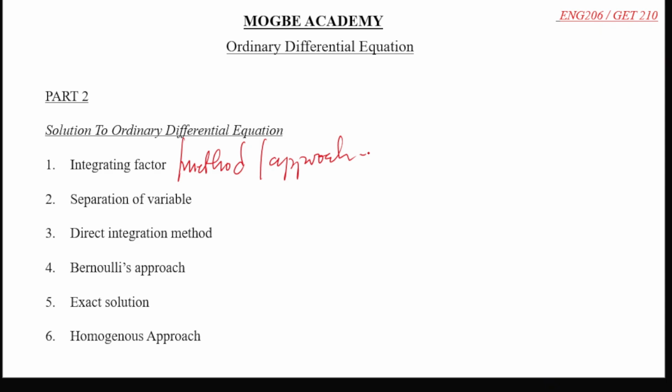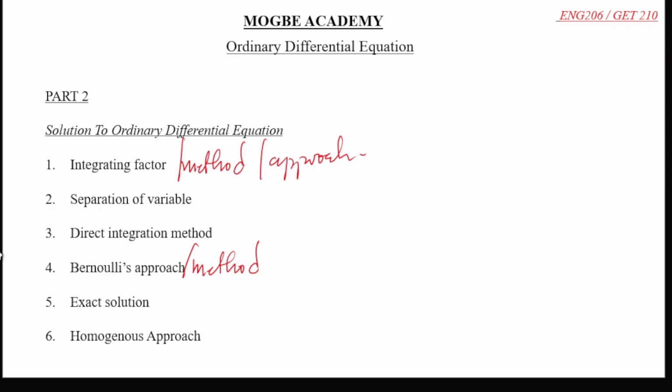Now the third solution is the direct integration method. In the direct integration method, you are asked to use integration to solve that particular equation that will be given to us. Are we together? Now the next approach is what we call Bernoulli's method in solving your ODE that will be given to us. Now the fifth method, or the fifth solution to ordinary differential equations, is the exact solution.